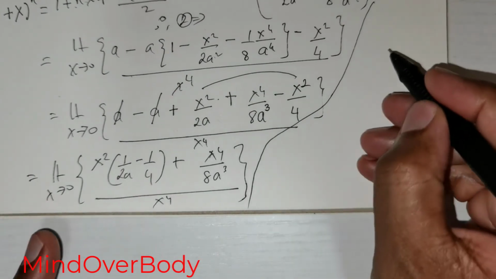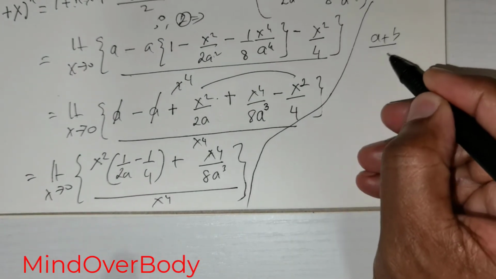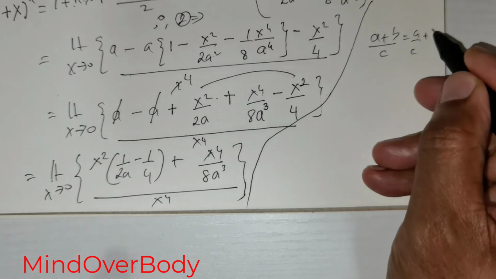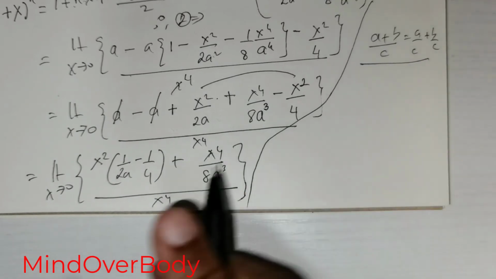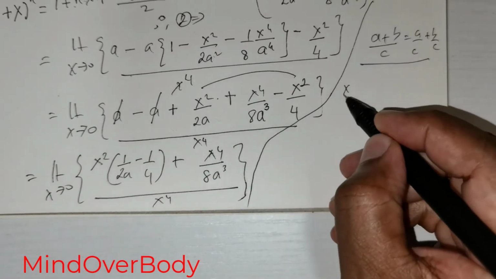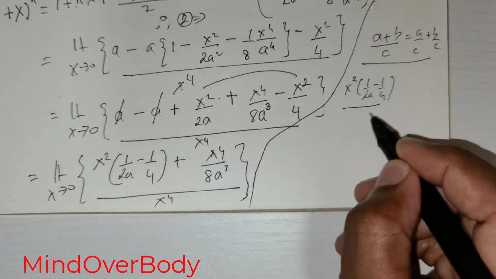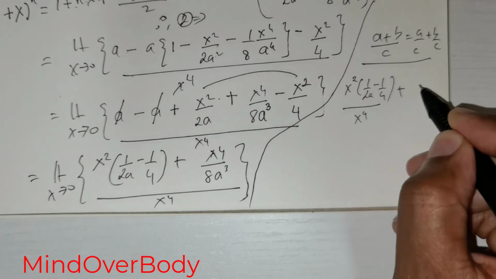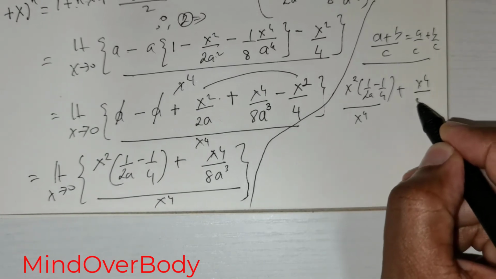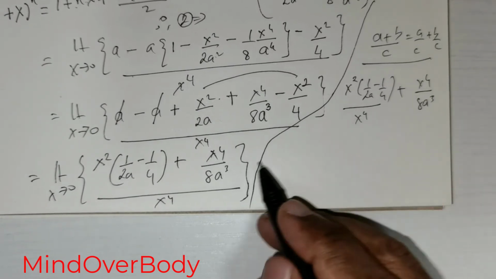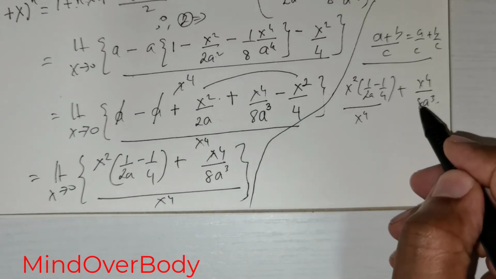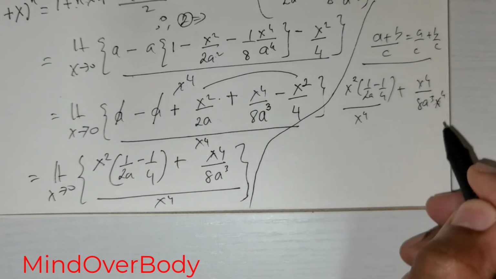Now, by algebraic law, if I got (A positive B) over C, I can rewrite it as A over C positive B over C. So I'm going to write this as x to the power of 2 times (1 over 2a negative 1 over 4) divided by x to the power of 4, positive x to the power of 4 divided by 8a to the power of 3. Now x to the power of 4 I can actually write it over here, x to the power of 4.